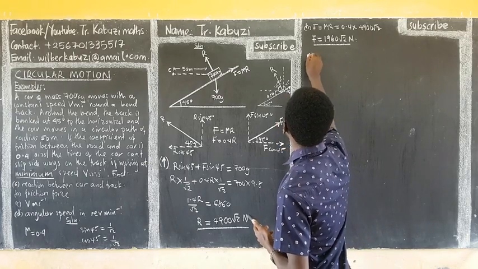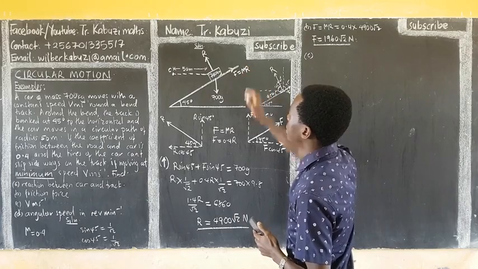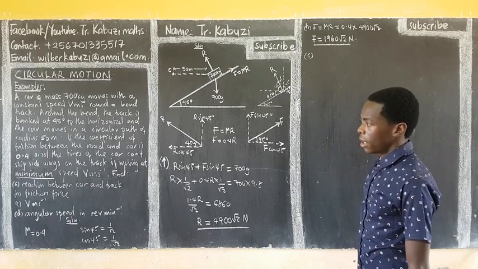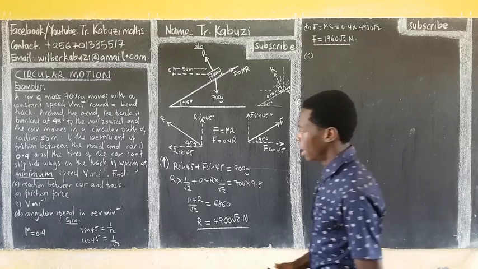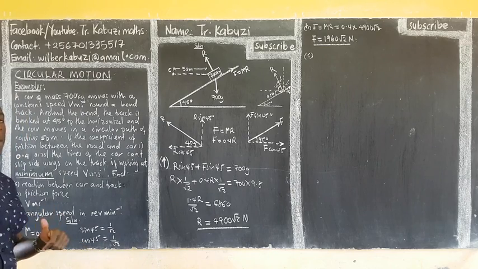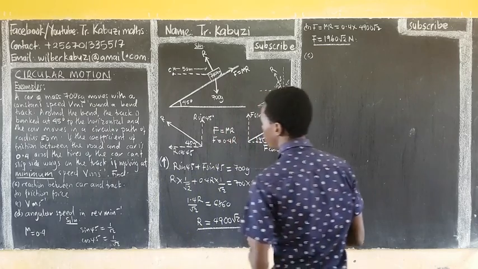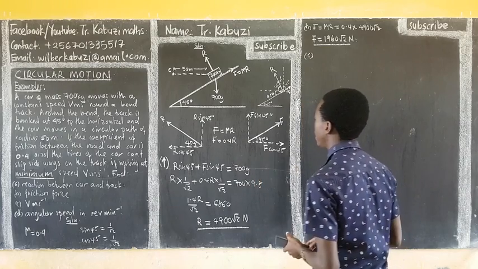Then C, they want us to get the V. Remember, this is the minimum speed, that's our weight, and our friction is acting in that sense. So now, how do we bring in V? We bring in V when we bring in the centripetal force. That means we are going to resolve horizontally. So resolving horizontally, our forces are going inside and this one is going inside.